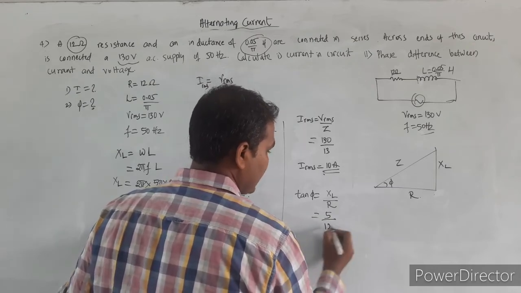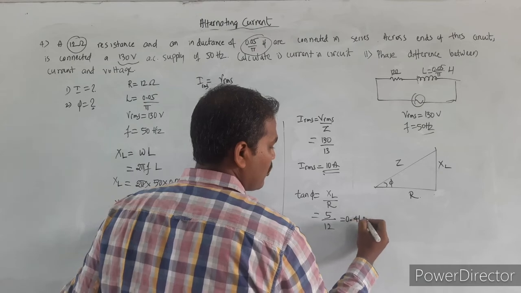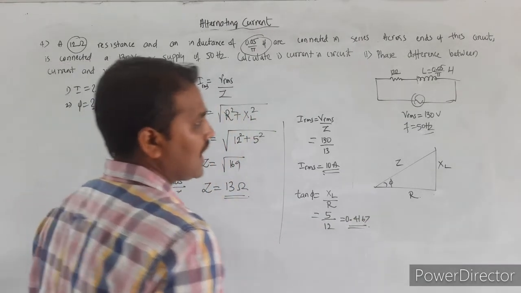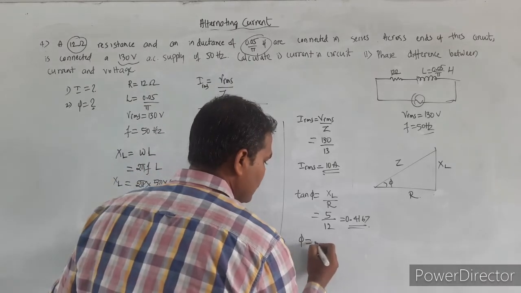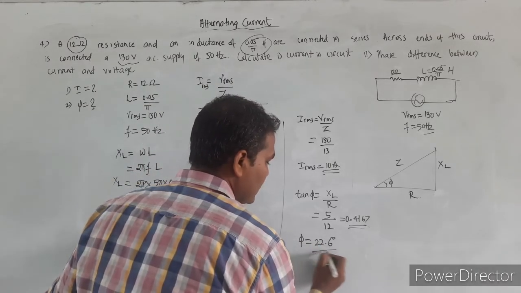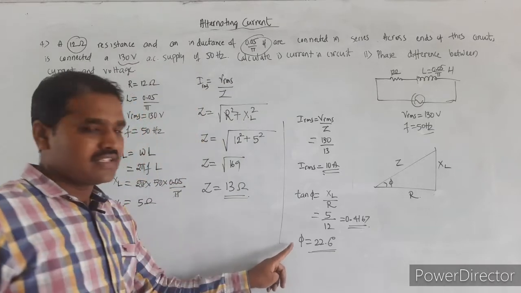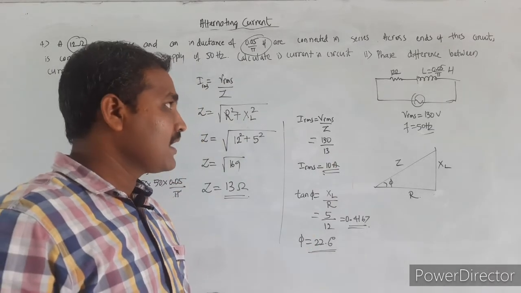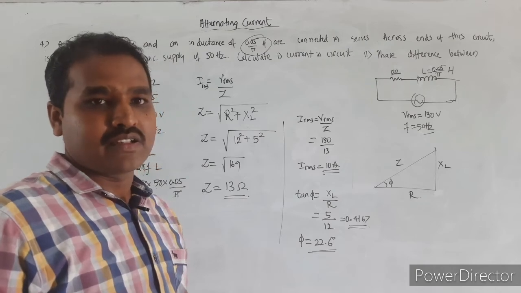So this I get as 0.4167. Yes, and using the log table, I will get the value of phi is equal to 22.6 degrees. Yes, this is the phase angle difference between the voltage and current through the given AC circuit.